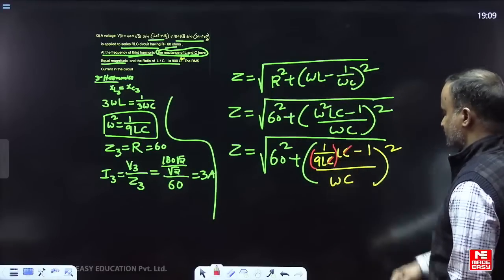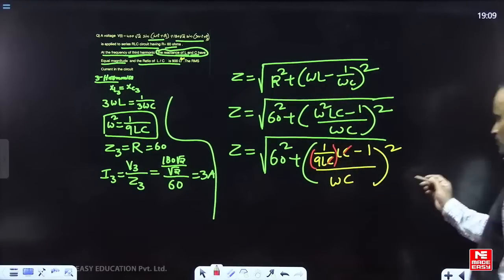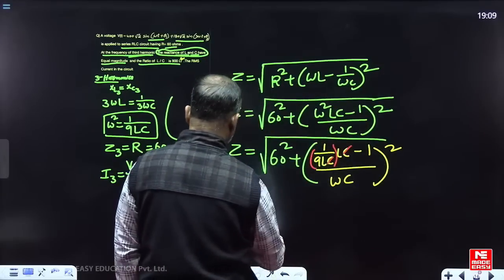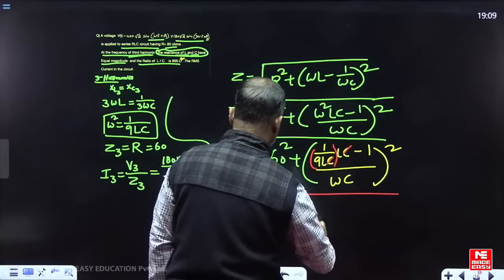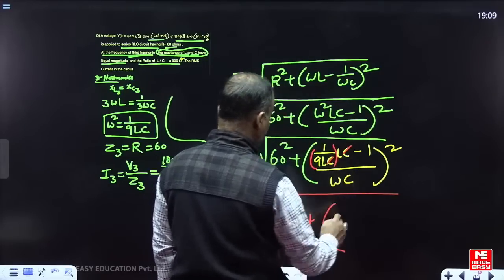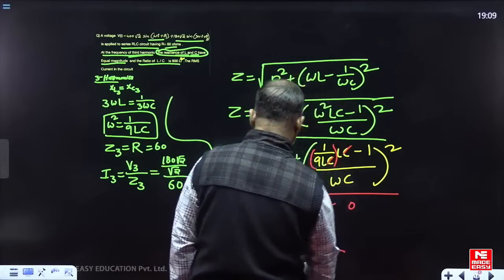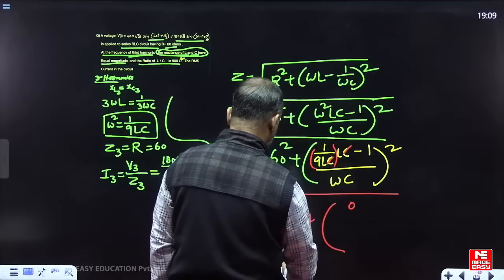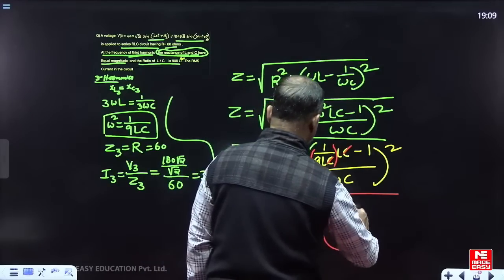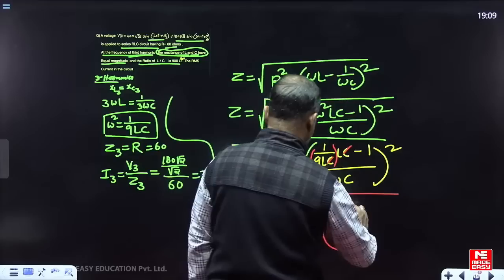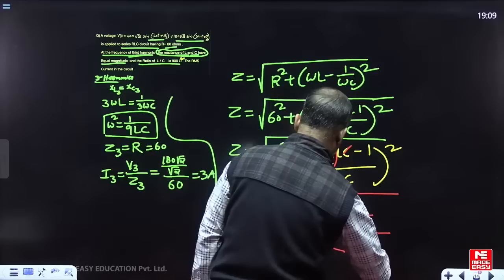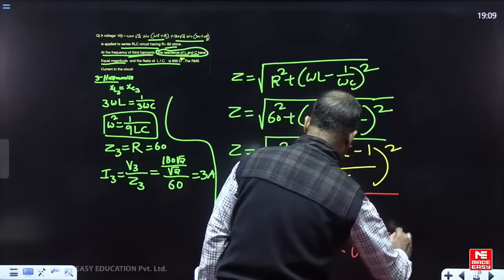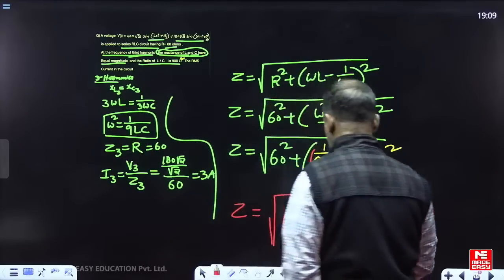Can you cancel these two terms? If you simplify further, I am expanding this expression. Can I write this omega square and C square?